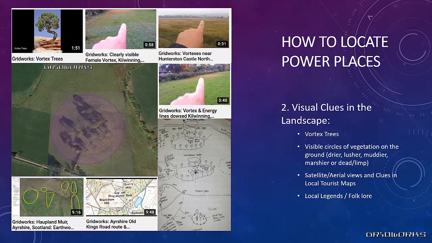If you look at the aerial photograph with the purple circle around it, that is a very clear circular reference on the landscape, and actually that circle is the edge of the vortex as you douse it. Of course, local legends and folklore can also lead you to interesting sites.